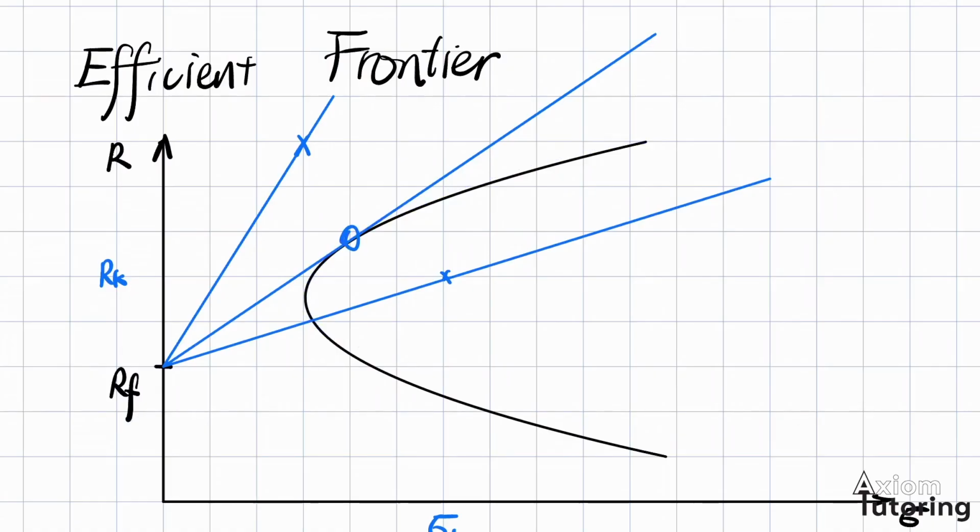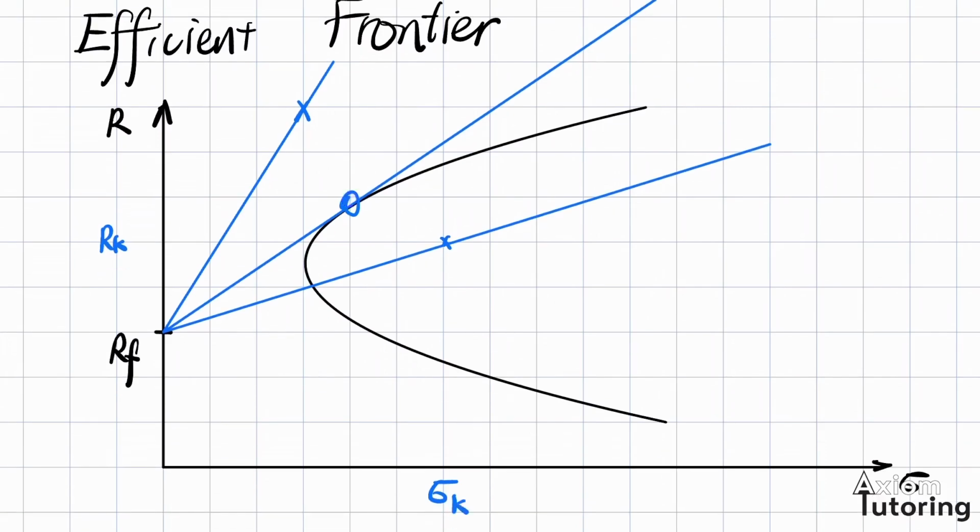So this line here would be our final efficient frontier, right? The intuition behind this efficient frontier is that every investor in this market should hold the same risky asset portfolio, which is at this point.